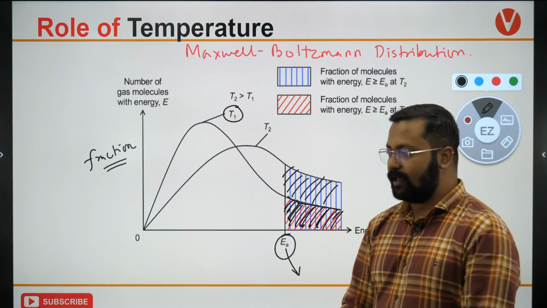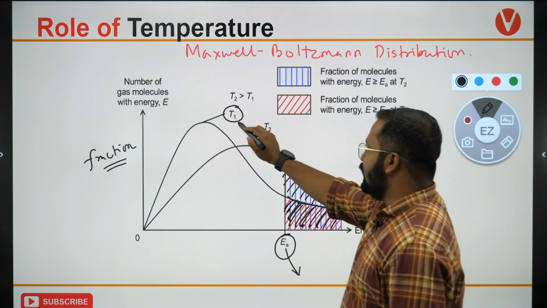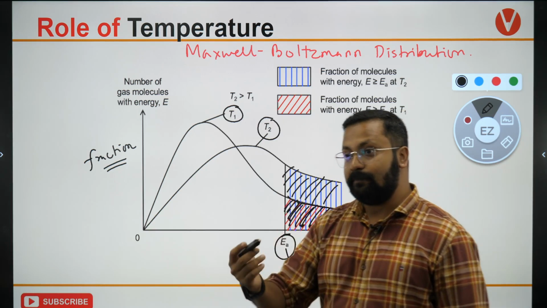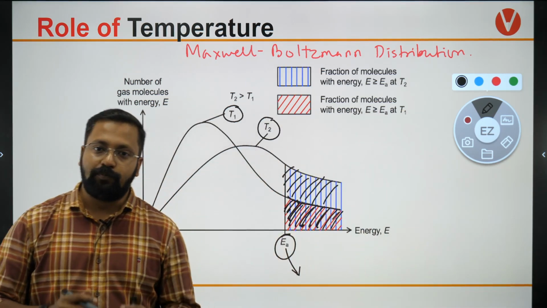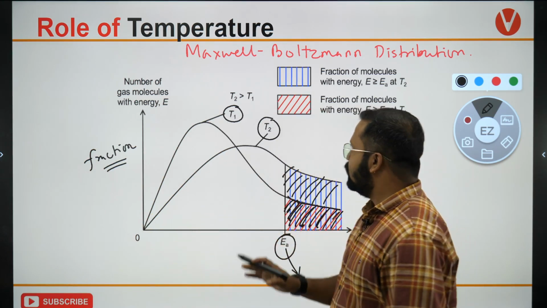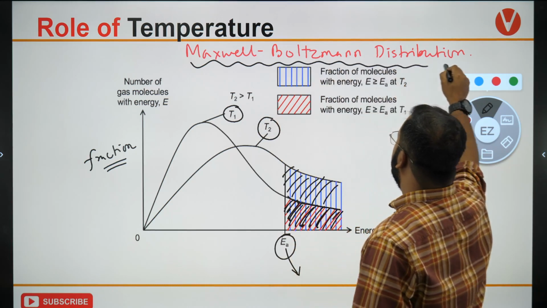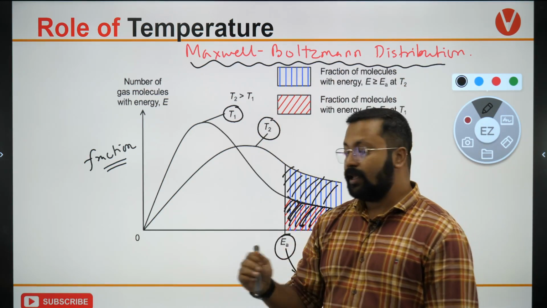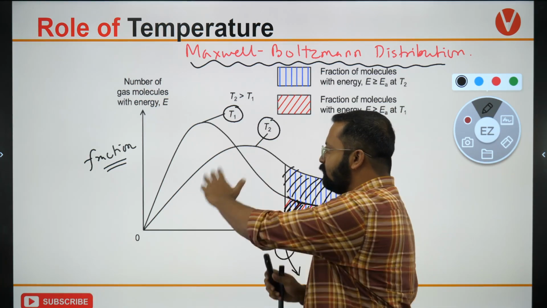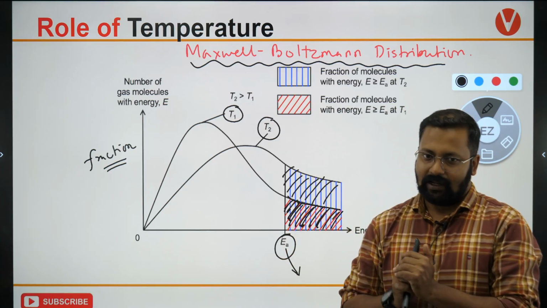More collisions take place, and so the reaction happens at a faster rate. T1 is a lower temperature, T2 is a higher temperature. As we increase the temperature, the number of molecules which possess optimum energy increases. This is what we infer from the Maxwell Boltzmann distribution, and because of this feature, temperature accelerates a reaction. Clear?